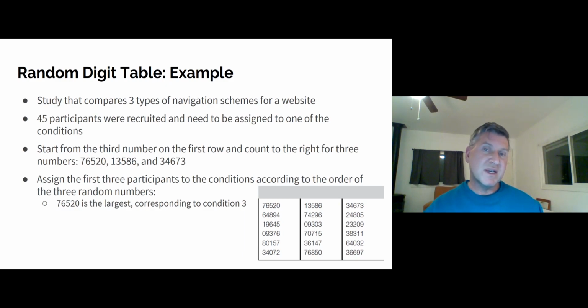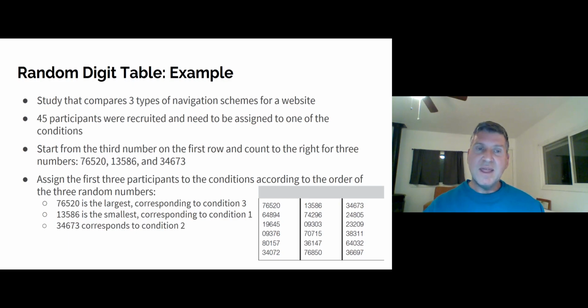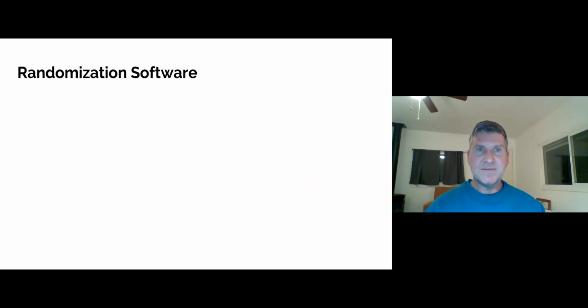So the first person's going to get condition 3. The next person's going to get condition 1 because it's the smallest. And then the next person's going to get condition 2. So you can see there's a random assignment that neither the experimenter nor the participant can predict in advance.